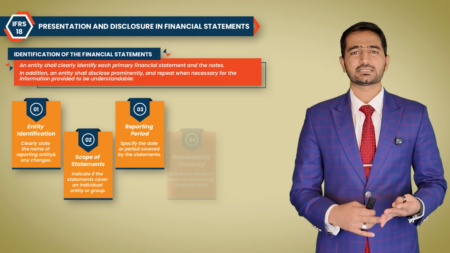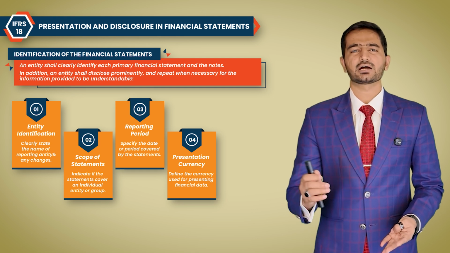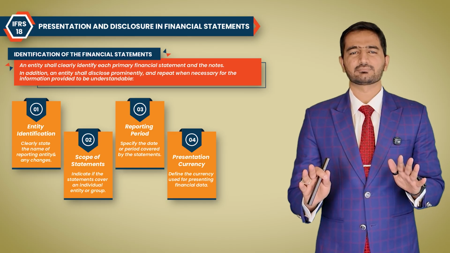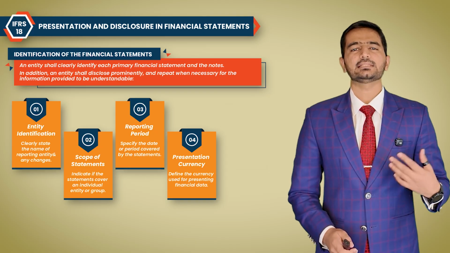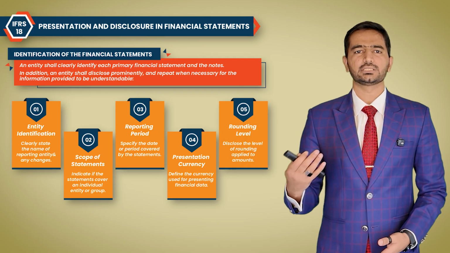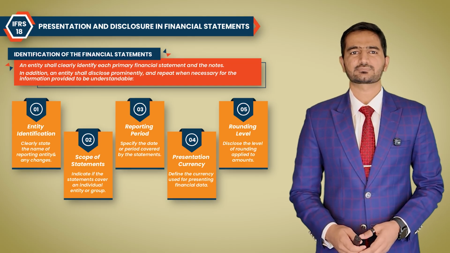Number 4, presentation currency. Are these numbers in US dollars, Pak rupee or pounds? And please, no mixing because no one likes surprises in currency. And the level of rounding used in presenting numbers. Are you rounding to the nearest thousands, nearest millions or using full figures?